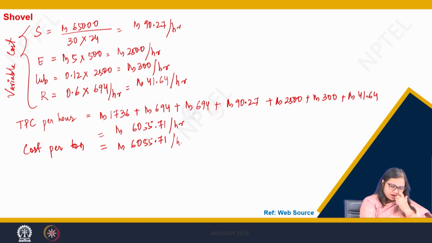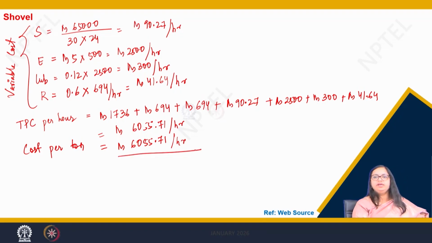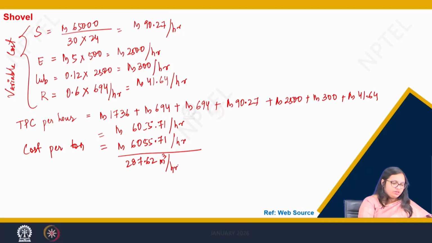Now, when we have to find the cost per ton, this is equal to rupees 6055.71 per hour divided by the production capacity per hour, which is 287.62 cubic meter per hour. Let us say we want to find it in tons as is asked in the question.